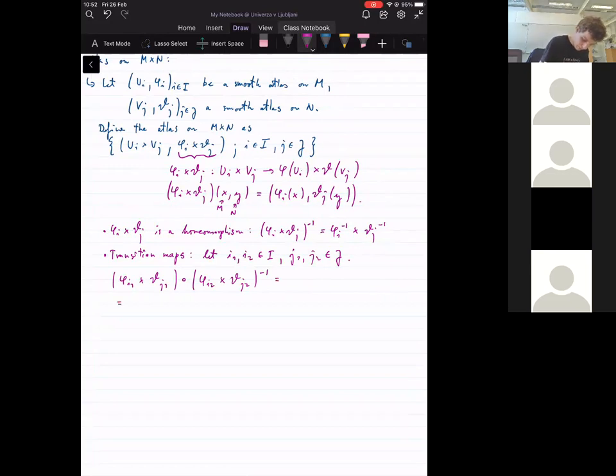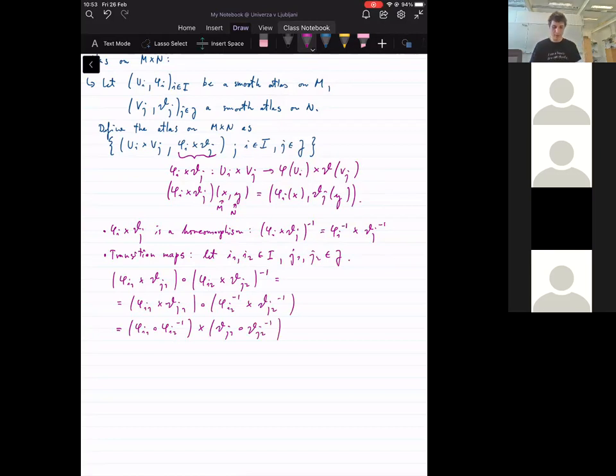This is nothing else than phi_i1 times theta_j1 composed with phi_i2 inverse times theta_j2 inverse, which is nothing else but phi_i1 of phi_i2 inverse times theta_j1 of theta_j2 inverse.